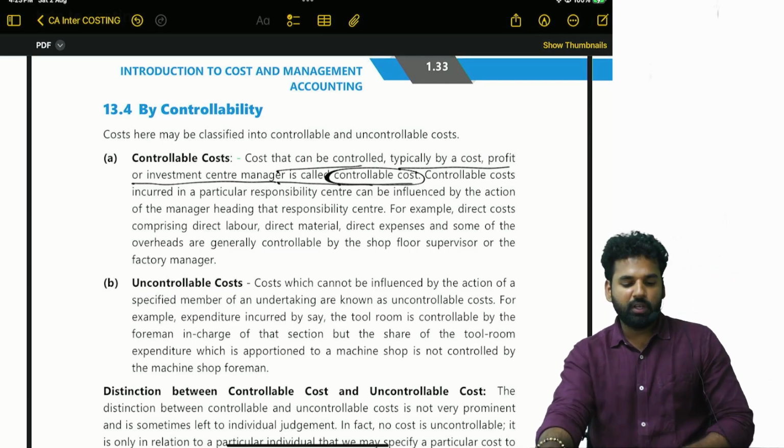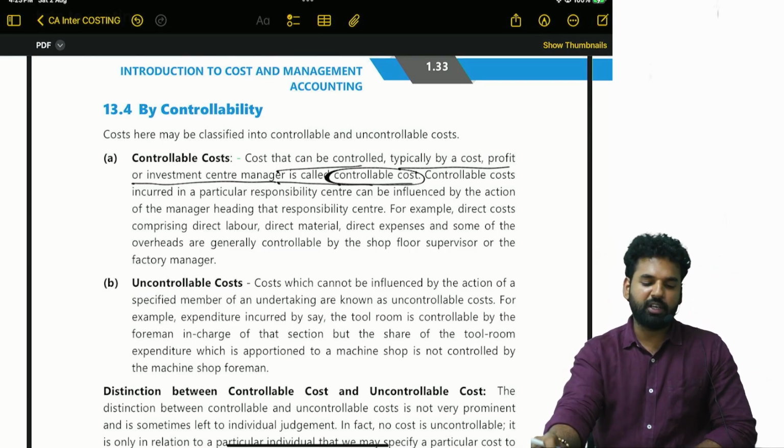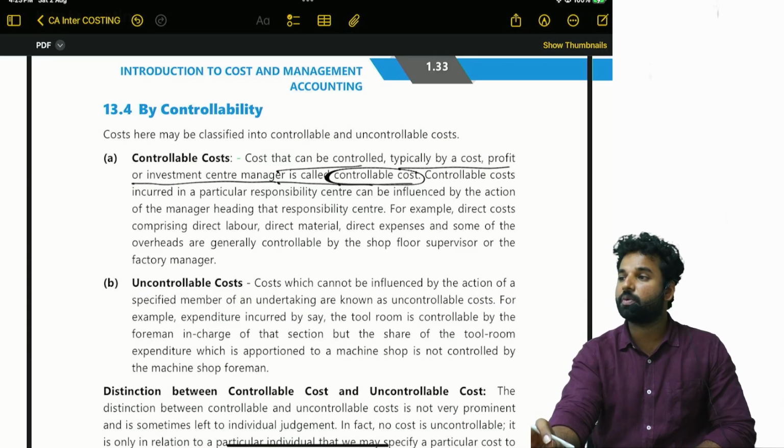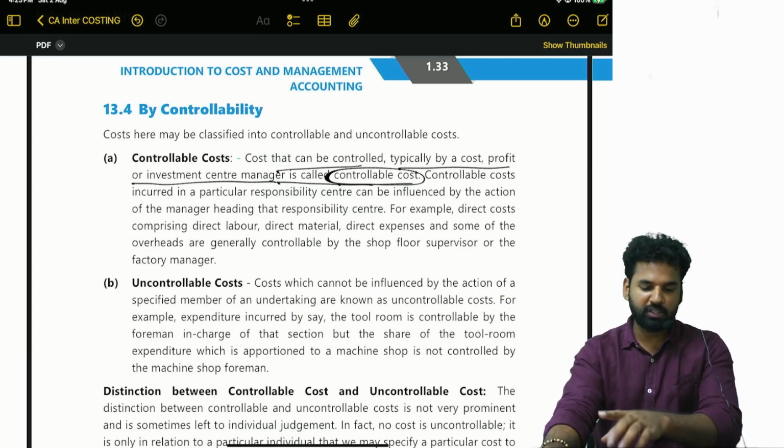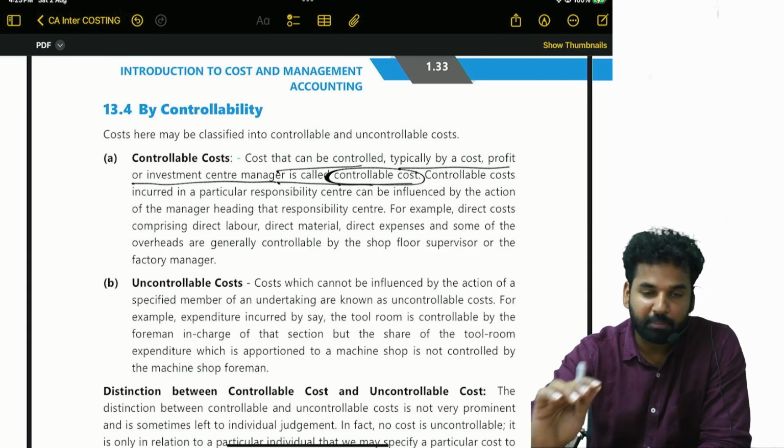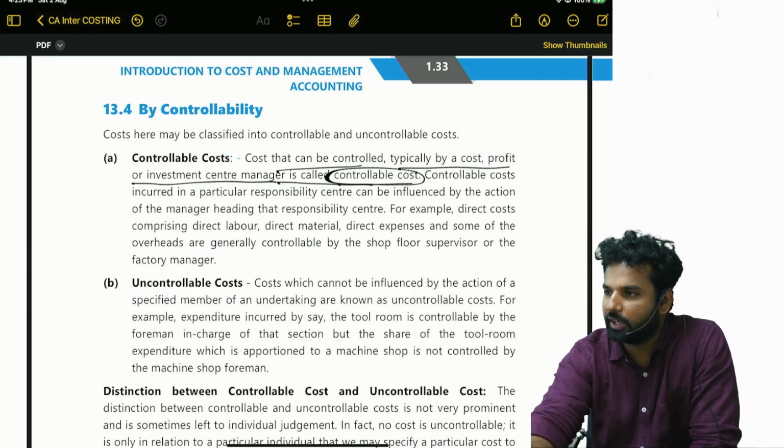Cost, profit and investment centers we will discuss later in the topic called responsibility centers. If the manager can control the cost, it is a controllable cost; if the manager cannot control it, it is an uncontrollable cost.